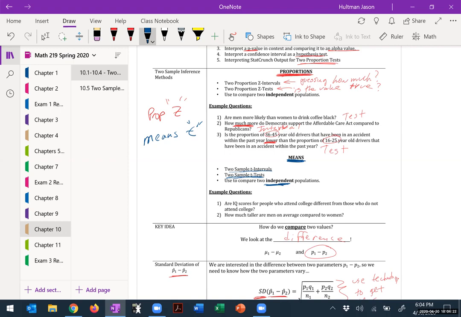What would be a dependent population? That would be like siblings, or you're comparing husband to wife. Their behavior can be somewhat dependent on each other's actions and reactions. You would compare sibling to sibling.